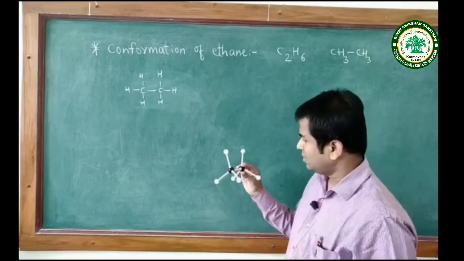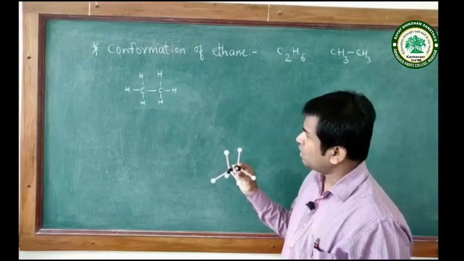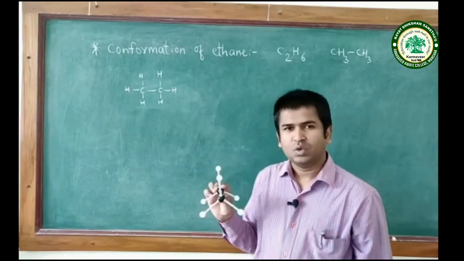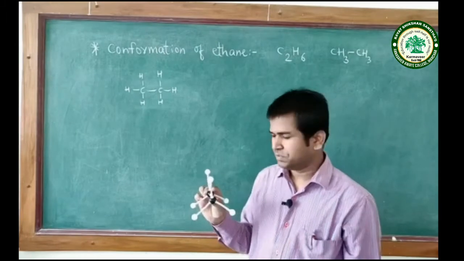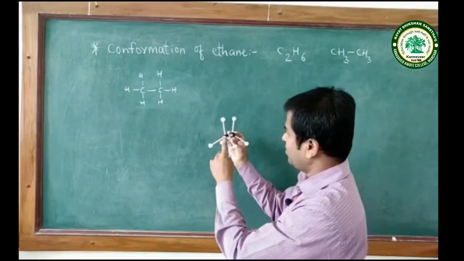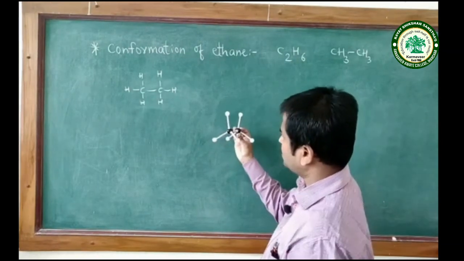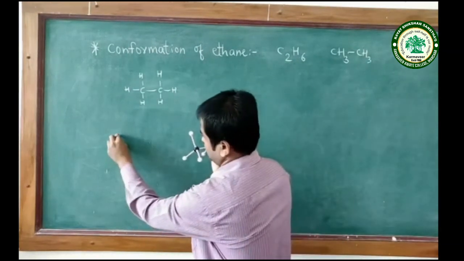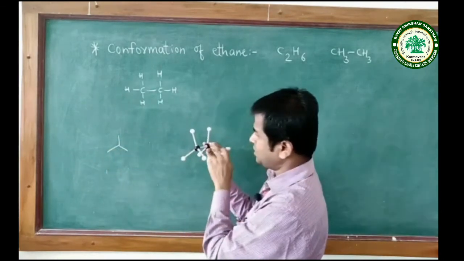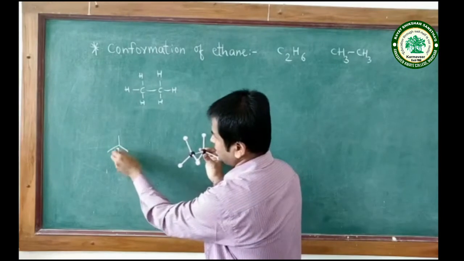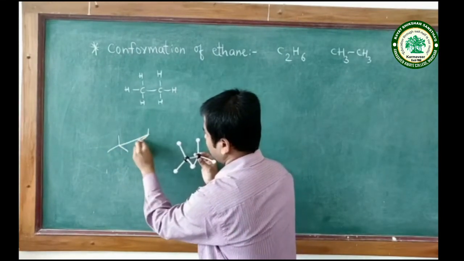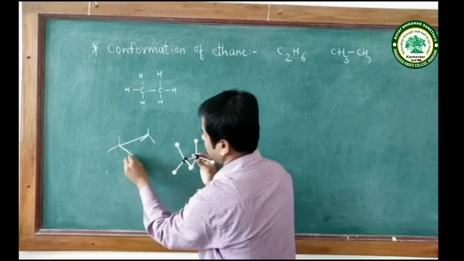With the model, we can see how to draw the two-dimensional structure of ethane as a Sawhorse structure. So, see, this molecule looks like this. This is the front carbon, this is the back carbon. The front carbon looks like this, and the back carbon looks like this.